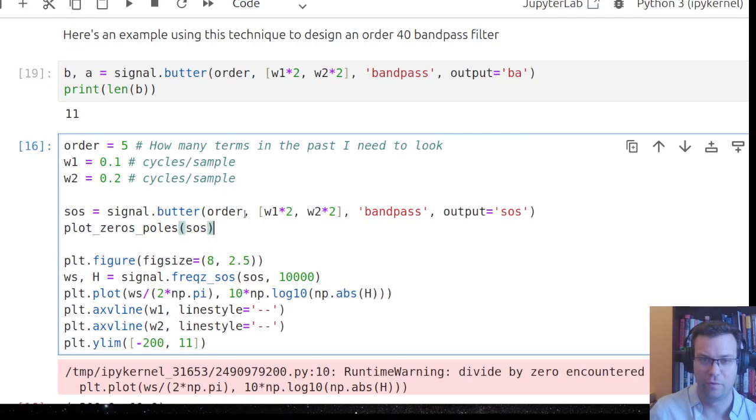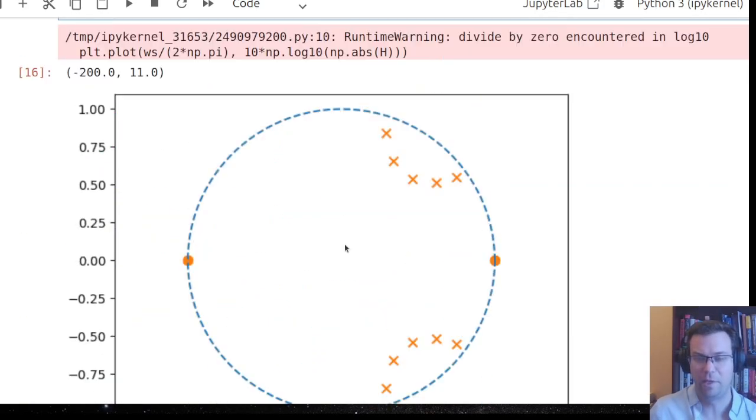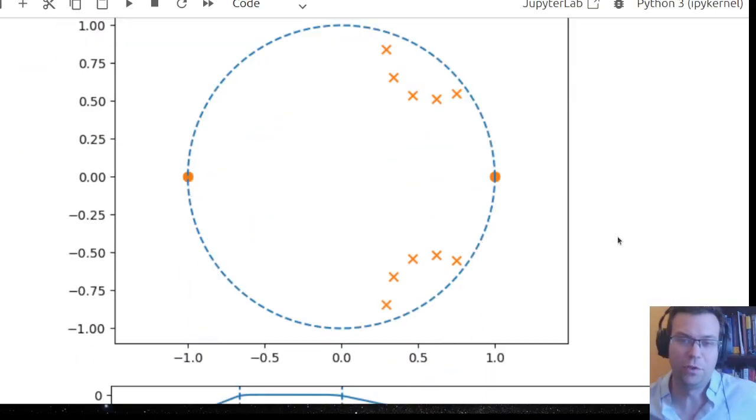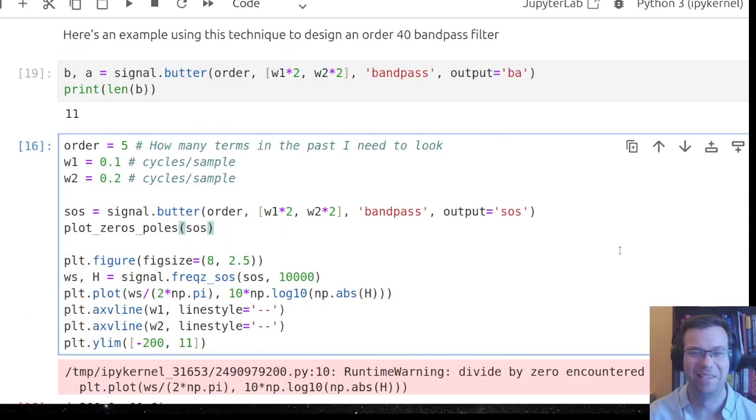I know I said order 5, but in order to make a bandpass filter, you can do it by first making a low pass filter and then making a high pass filter from what's left, doing them one after the other. And the result is like multiplying those two transfer functions together. So if each one of those transfer functions is order 5, the result will have order 10. Basically, for a bandpass filter, the order is actually twice what you're specifying here.